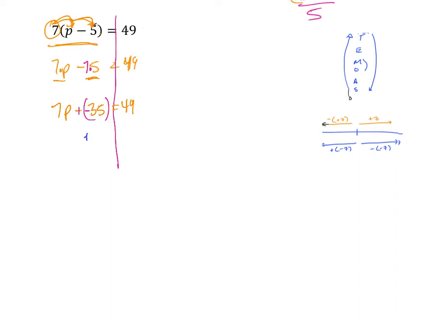Because if I add positive 35 to negative 35, I'm going to get 0. So I'm going to add 35 to both sides. I'm going to get 7P equals 84. And now this is 7 times P, so to undo that, I need to divide both sides by 7. So I get P equals 12.